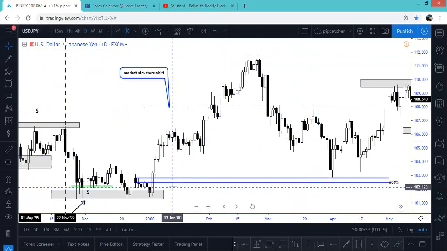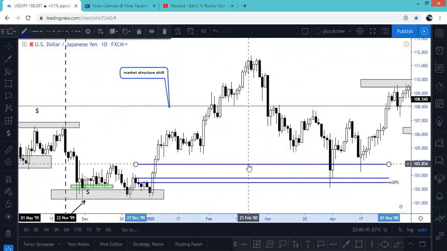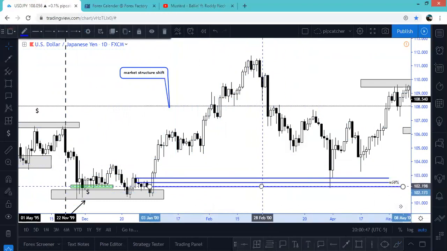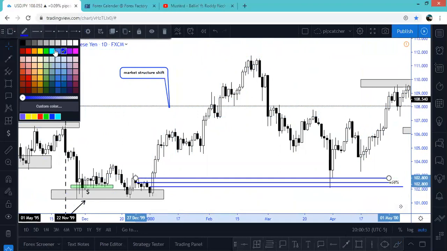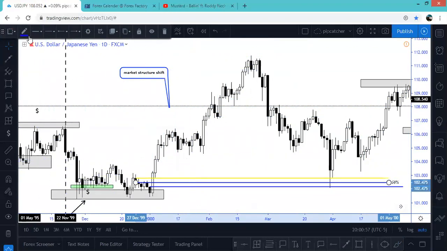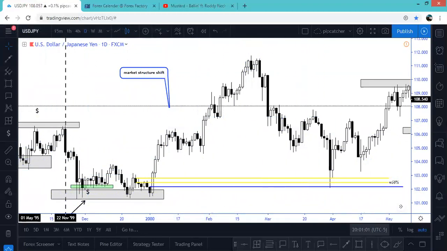Okay, so this engulfing candle right here, look at where this candle goes. So remember, I'll change these colors to yellow so we can signify them as the weekly, but then this blue one is the daily.